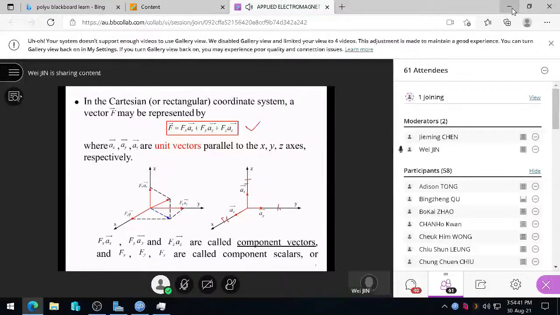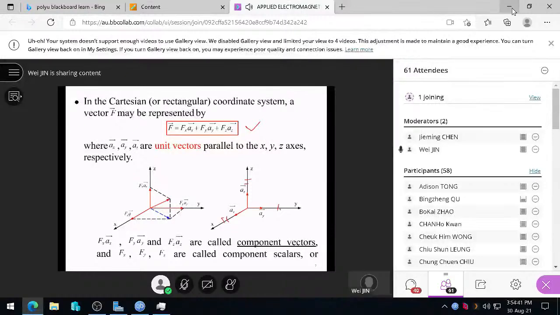Okay, the next thing you need to review is vector addition and subtraction. You are given two vectors, how do you add them together? Again we have two ways. One is easy to understand. It's a geometrical representation. This is a vector p starting from here ending there.